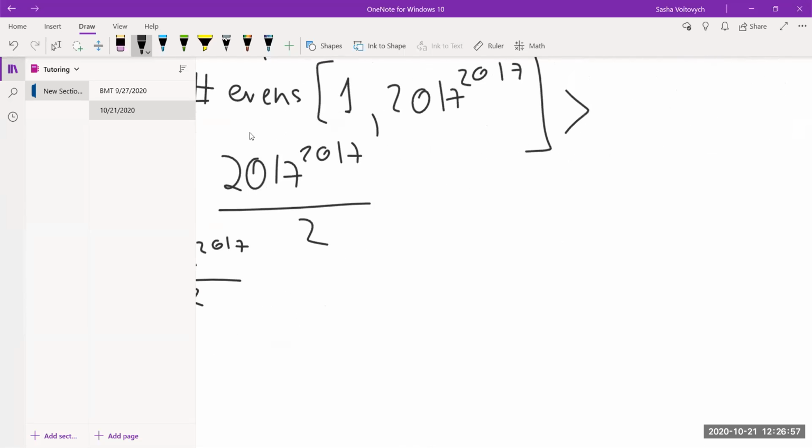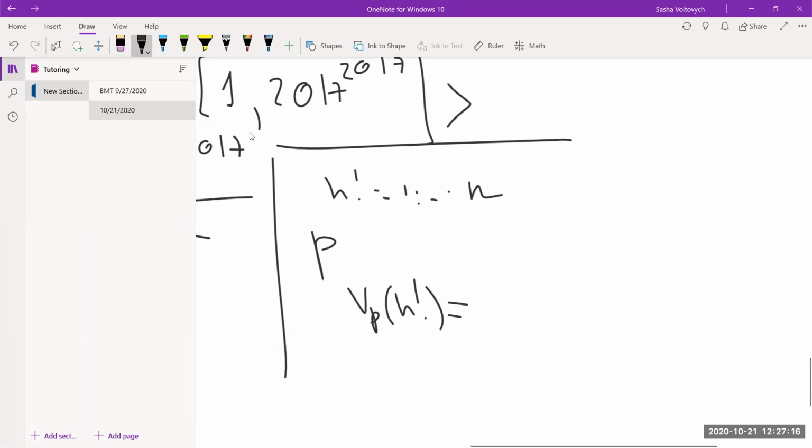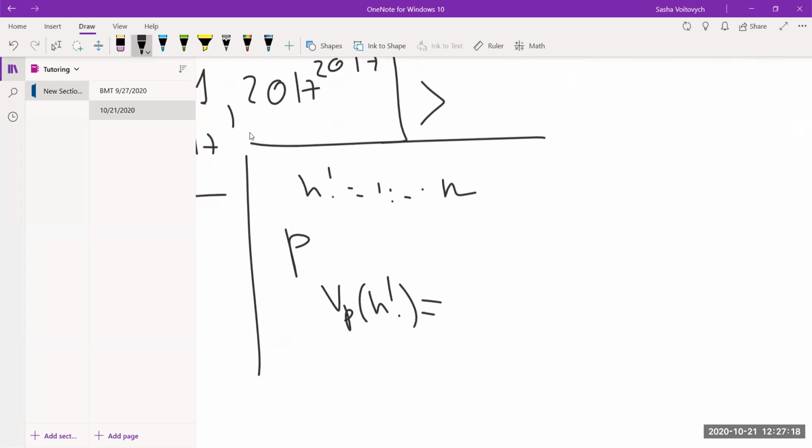Yeah, concerning the power of a prime dividing a factorial. If we have n factorial, the product of numbers 1 to n, and we have a prime p, and we want to count the power of p dividing n factorial, it has this formula.